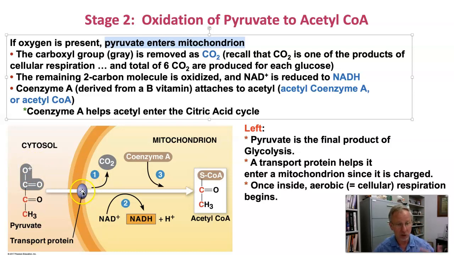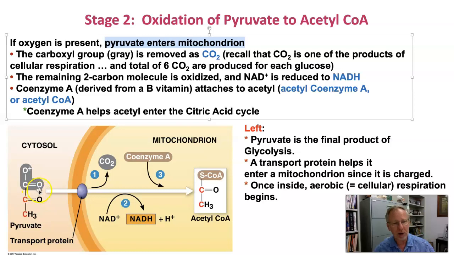That's a concept back from chapter 4 on cells, when we learned about membrane transport, that charged molecules cannot make it through the phospholipid bilayer of membranes. So transport proteins are needed to help them get through. Here's an example of it right here.